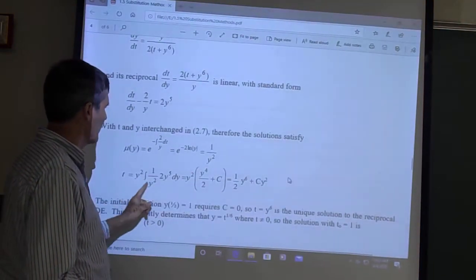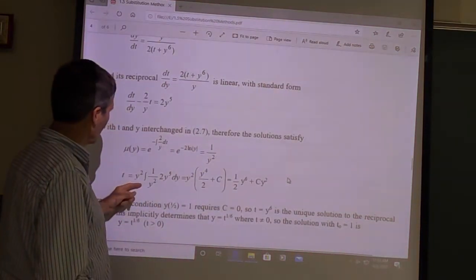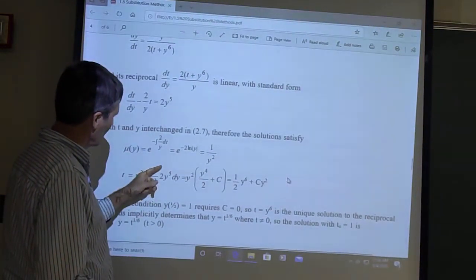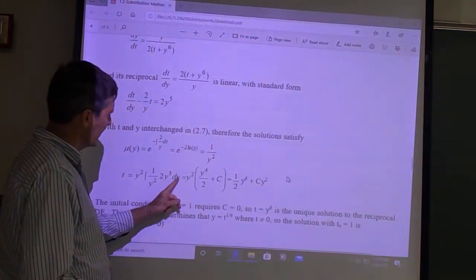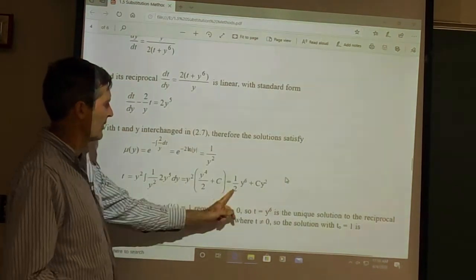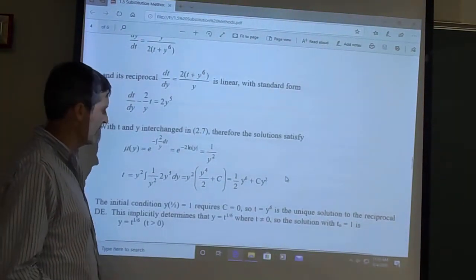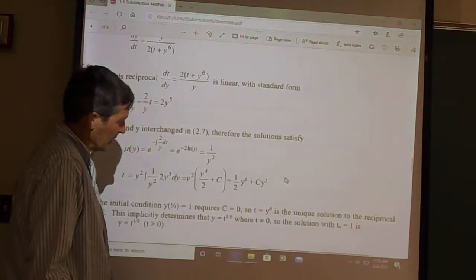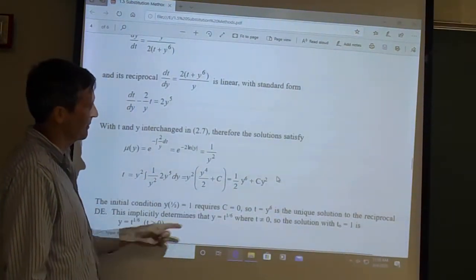Remember, this is the formula for a linear equation: 1 over mu, integral mu f of y dy instead of f of t dt when t was the independent variable. And so you do this integral and you come out with t as a function of y. Not completely satisfactory because really the solution is y as a function of t. But boy, that's hard to solve for. This is maybe the best you can do.